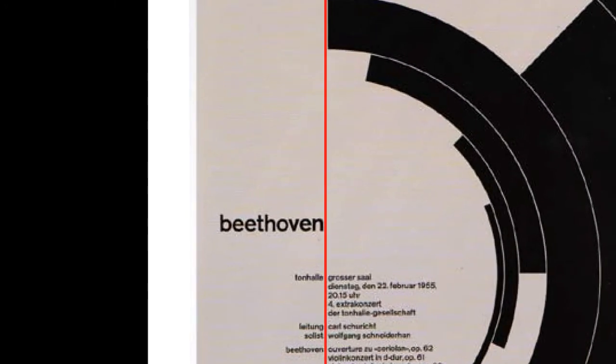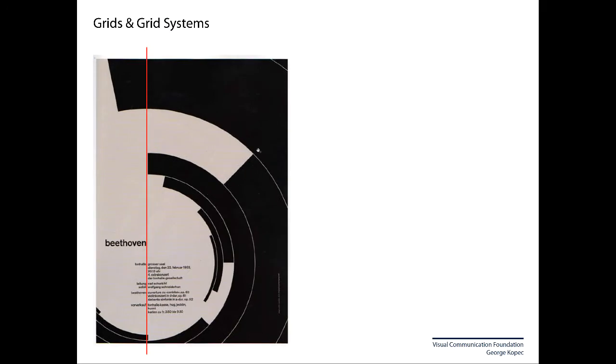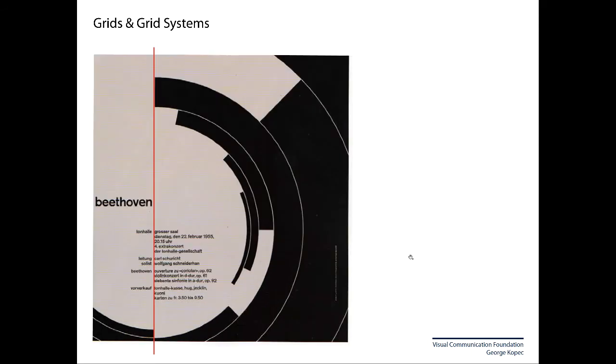Again, Müller-Brockmann was a guy who was really, really into grids. He would make a doctrine for each composition, and he wouldn't deviate from it. So you can see here how he lined up all the elements, all these circular objects are in a ratio proportion that he figured out earlier.